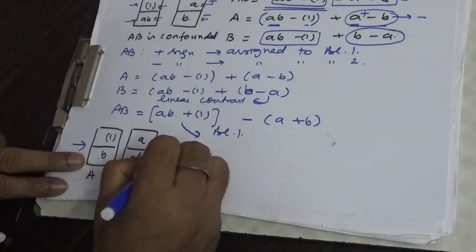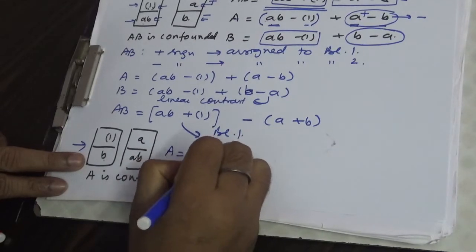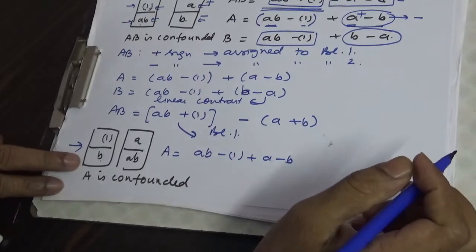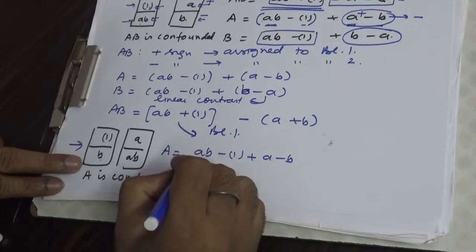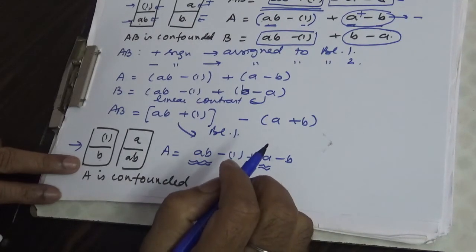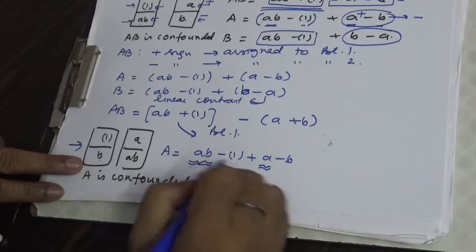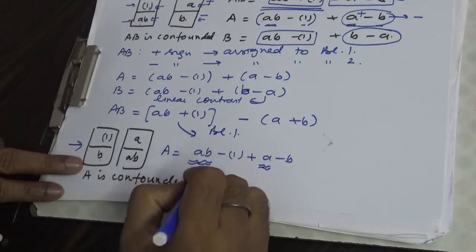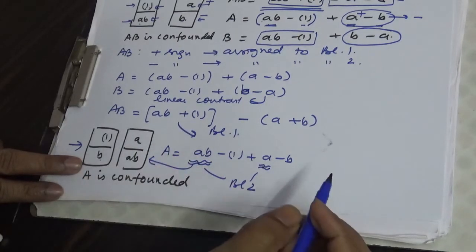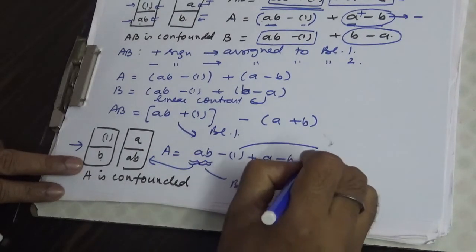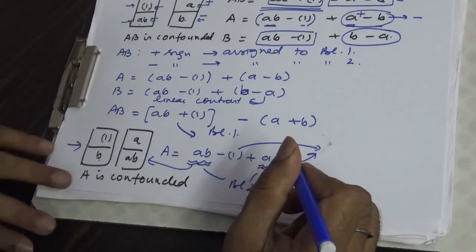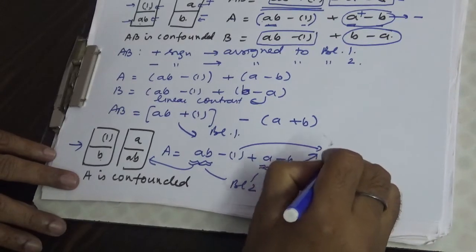If you try to write down A, A was AB minus 1 as written above plus A minus B. So you can see here that all the treatment combinations with plus sign, say AB and A, have been assigned to block 2, and 1 and B, which are occurring with the same sign, have been assigned to block 1.